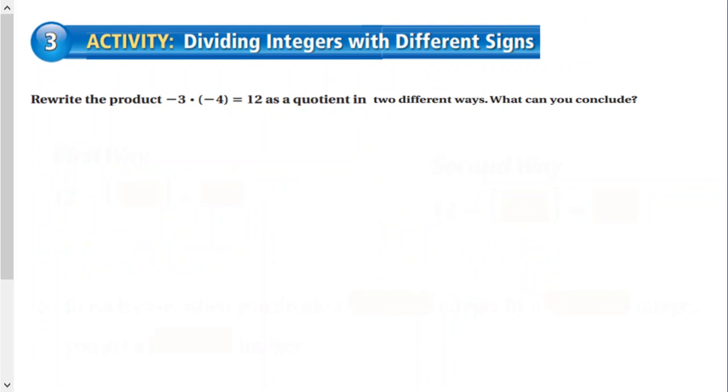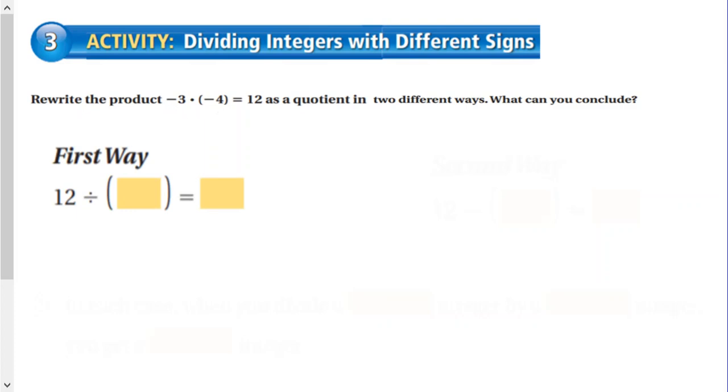Now let's look at dividing integers with different signs. We're going to use the same numbers, but they're going to be negatives. So rewrite the product negative 3 times negative 4 equals 12 as a quotient in two different ways. What can you conclude, or what idea can you come up with after completing these two division problems? You can use either negative 3 or negative 4.